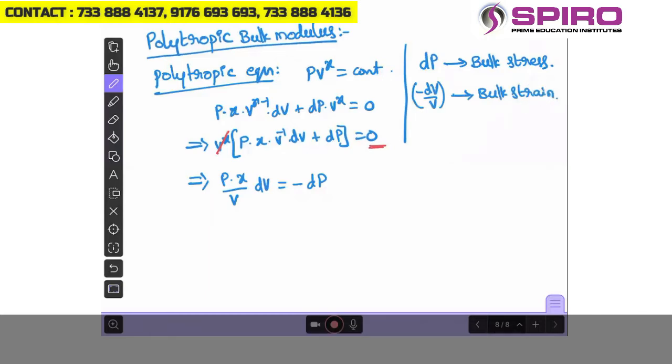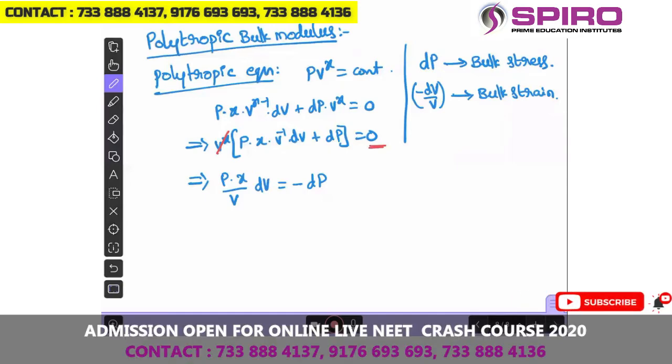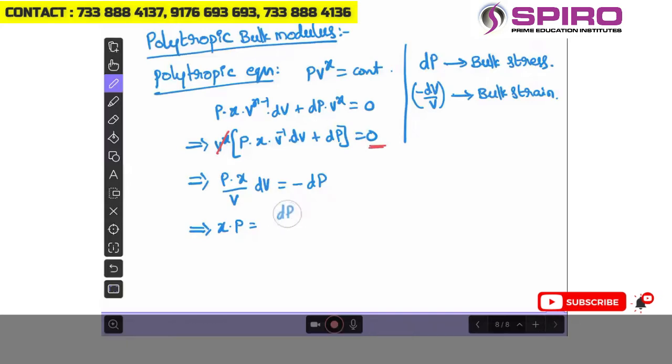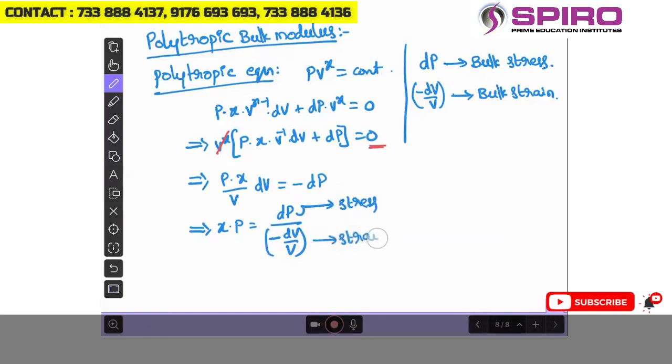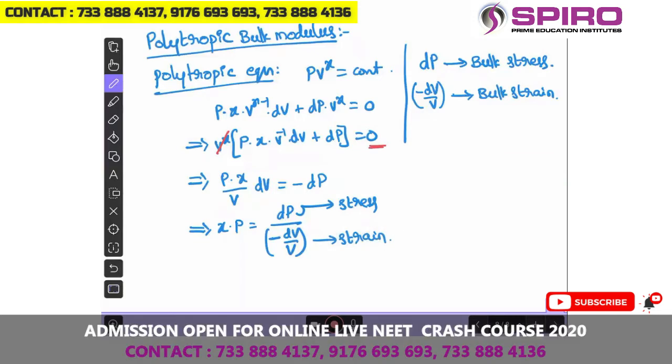So let us evolve the expression for bulk stress by bulk strain. This implies you will get x times the pressure is equal to dp divided by minus dv by v. And you know, dp is the stress and dv by v is the strain. What is stress by strain? Stress by strain is nothing but bulk modulus.